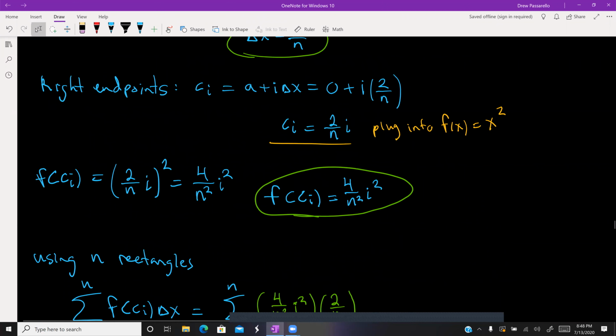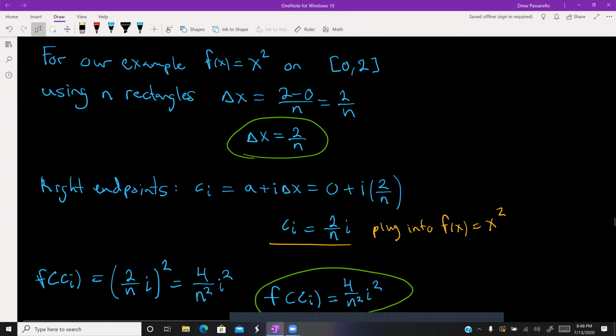So that's what's going on here. f of ci is equal to 2 over n times i, squared. Well, that's going to give 4 over n squared times i squared. So the heights of the rectangles I circled in green, and then the widths are all 2 over n.